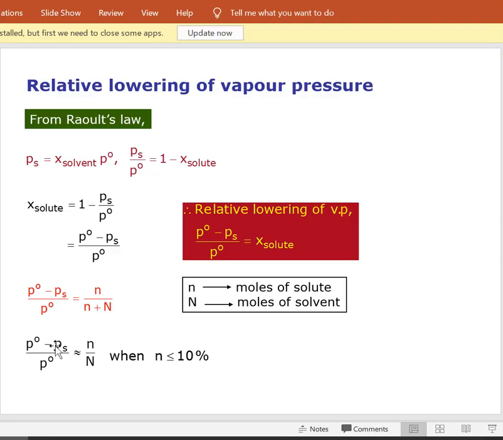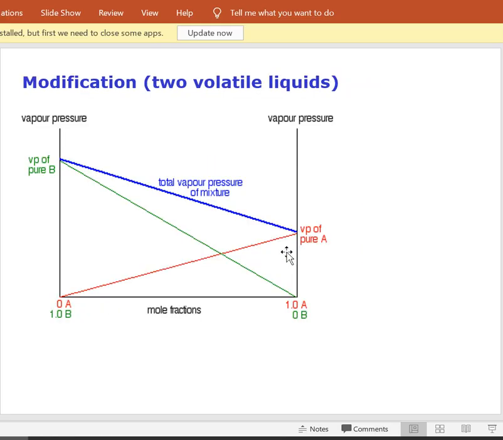So P0 minus Ps upon P0 is equal to n upon N, the number of moles of the solute upon the number of moles of the solvent. So P0 minus Ps upon P0 is showing X of the solute, the mole fraction of the solute. It means the relative lowering of vapor pressure depends upon the mole fraction of the solute.